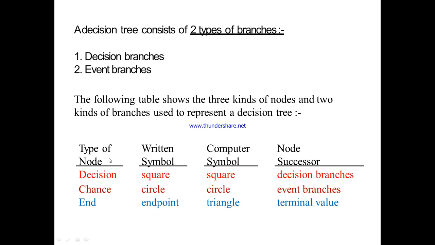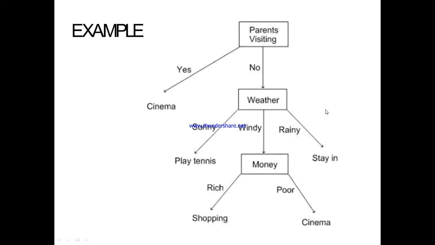Types of node: decision, chance, and end. The written symbols: square, circle, endpoints. The computer symbols: square, circle, triangle. And for branches we have the decision branch, event branch, and terminal value, that means the last value.